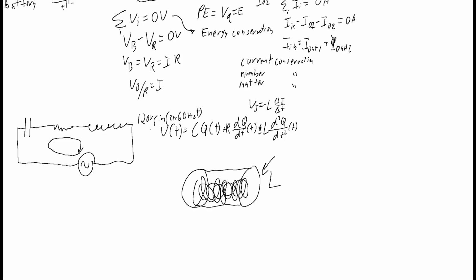And so the inductor and its resistance is going to imply an opposition to the oscillating voltage that we're applying to this. And so to fix this, it's going to oppose that. It's going to try to filter out that 60 hertz frequency.